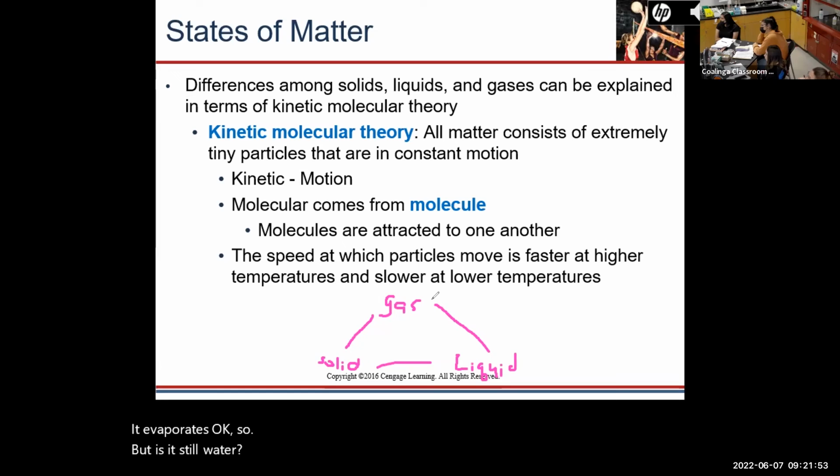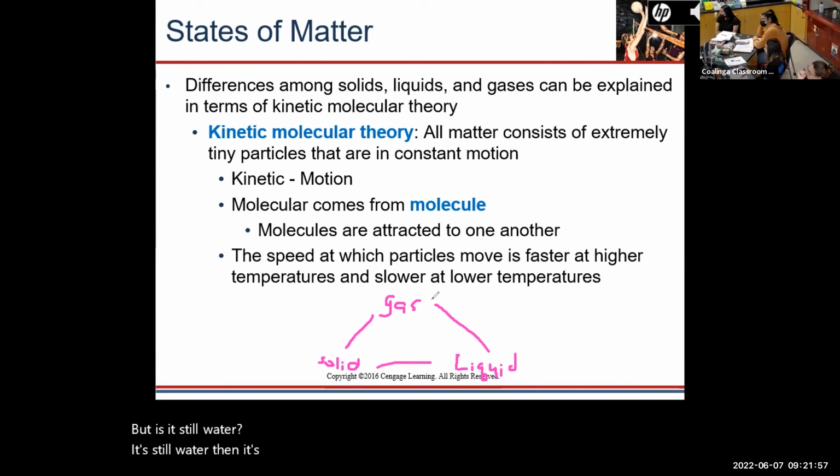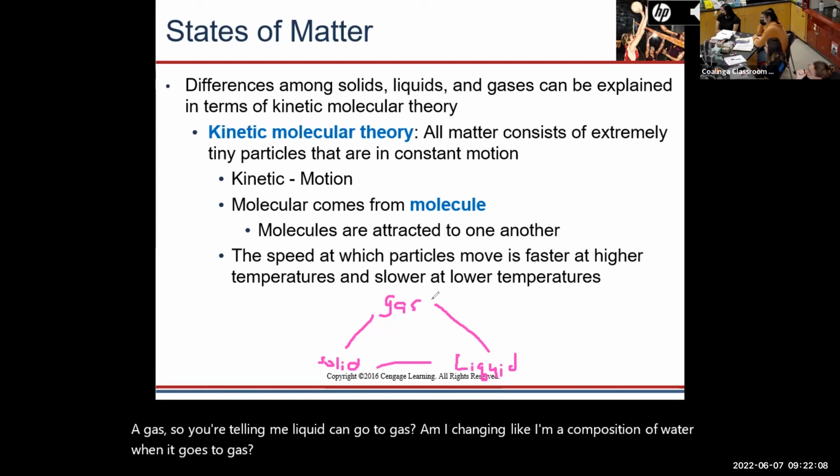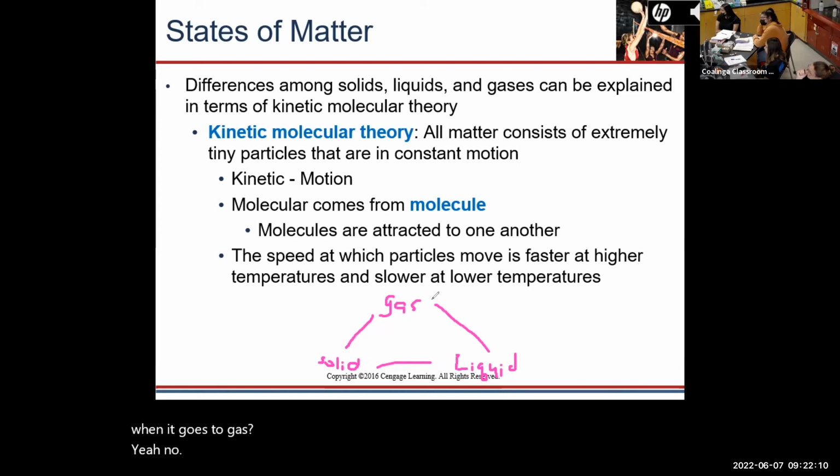It's still water, but it's changed into what? A gas. So liquid can go to gas. Am I changing the chemical composition of water when it goes to gas? Are you sure? Can't you collect it?